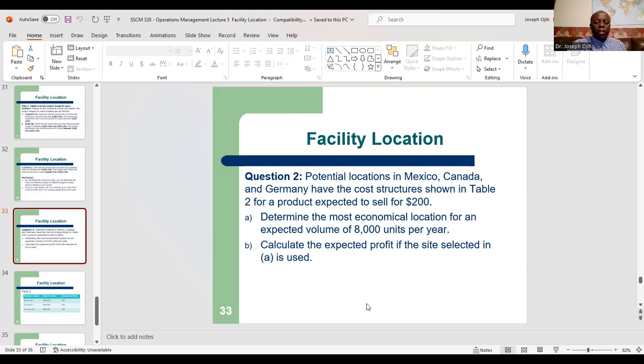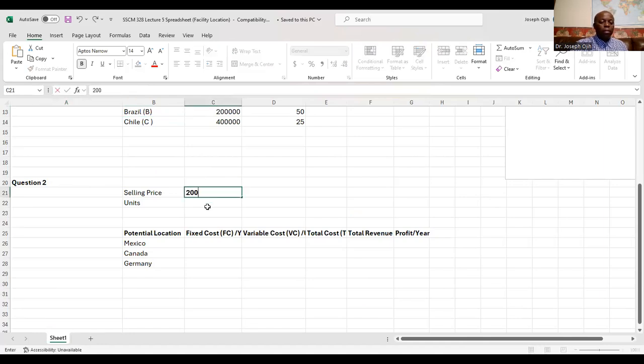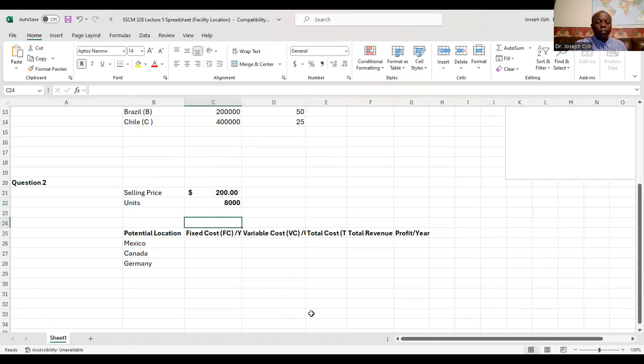So I'll take you to Excel where you can just type this in. Okay, this is question 2. Selling price is $200. I'll make it a dollar sign. Then units is 8,000 units.